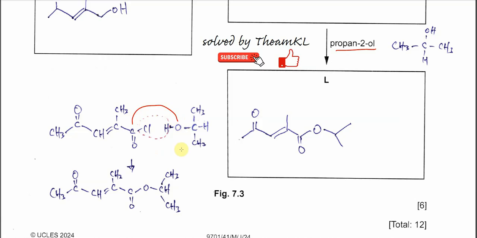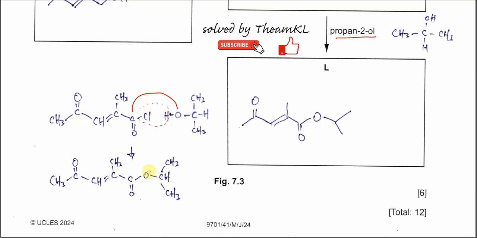Okay, so remove HCl, and eventually it will form this ester group. Of course, if you want to draw the skeleton, it will be something like this, right? So this is a part, and this is a part here. Okay, that's all. Thank you.